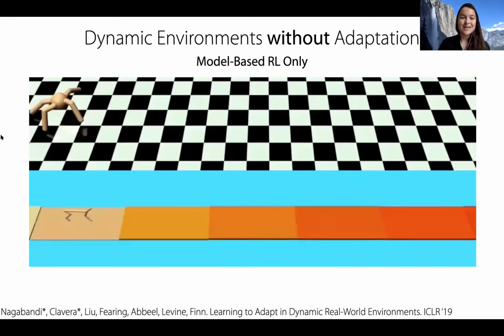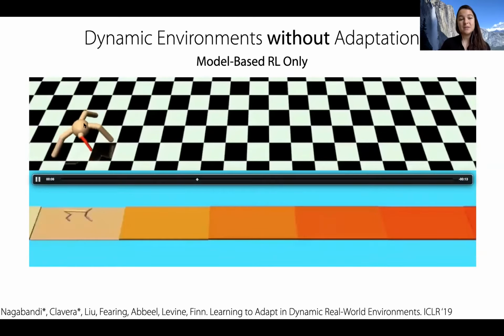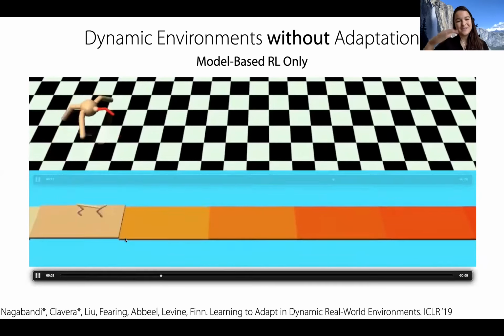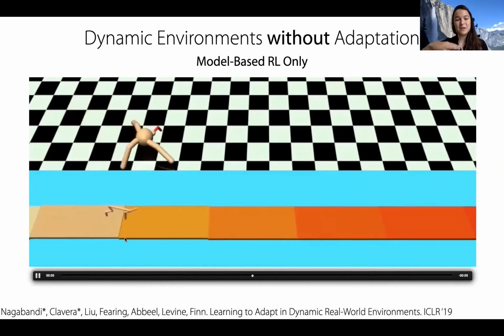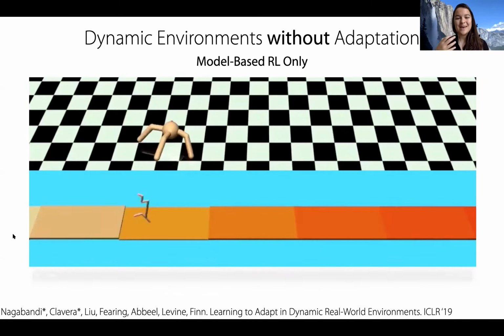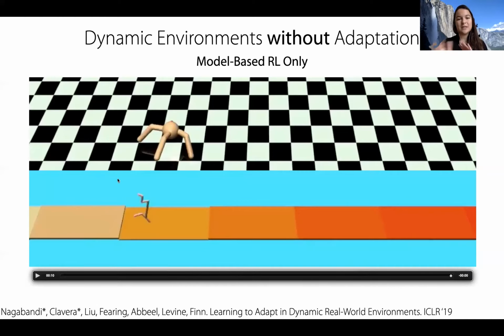And so what does this look like? We considered a number of different dynamic environments. And first, we just ran a baseline approach of just running model-based reinforcement learning. And what we found is in dynamics environments where, for example, a limb becomes crippled, or where the robot is walking along a pier with panels of different damping factors, model-based RL isn't able to learn an accurate model that can capture all of these different kinds of changes in the environment.